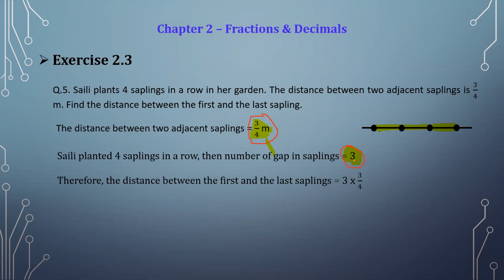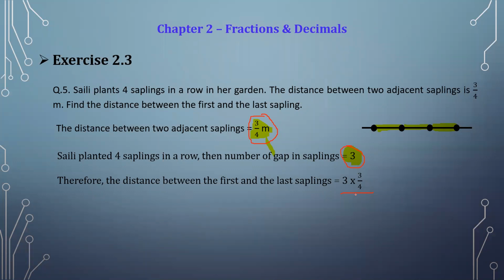Here the total number of gaps is 3. So the distance between the first and last sapling is going to be 3 into 3 by 4. Now we can perform the multiplication of this fraction and whole number.